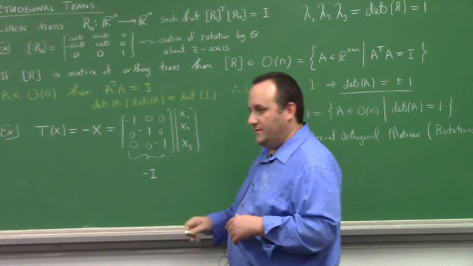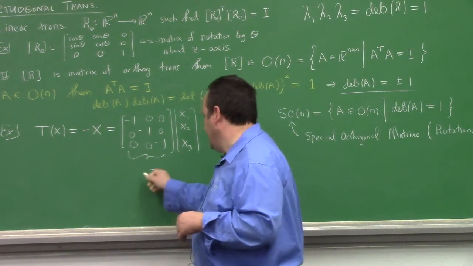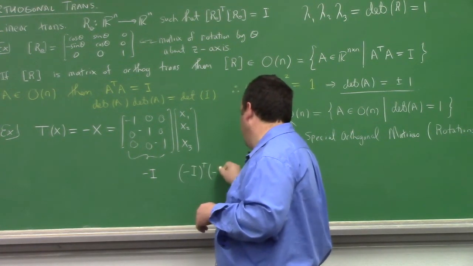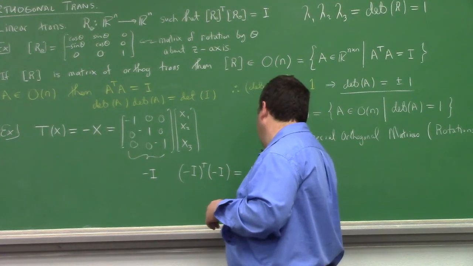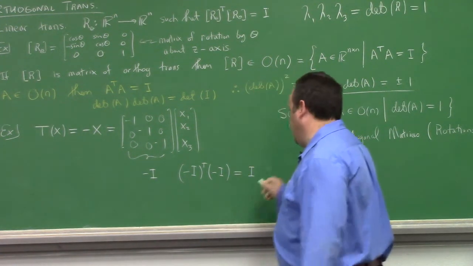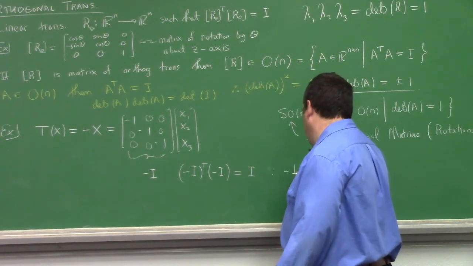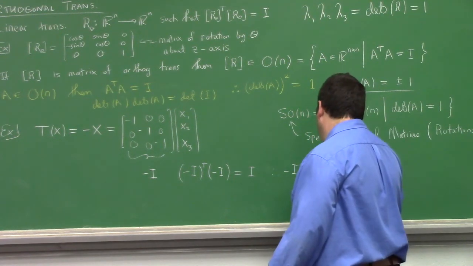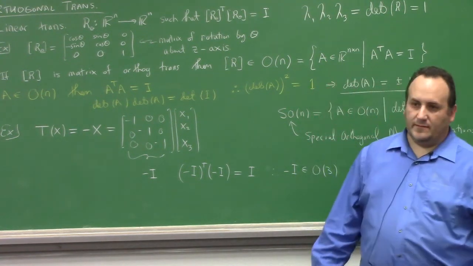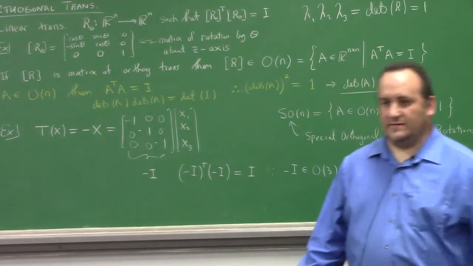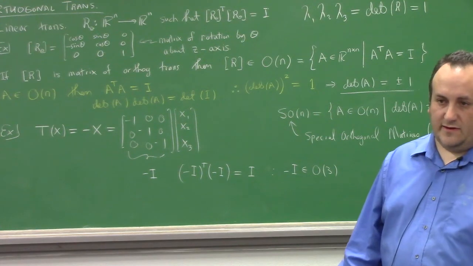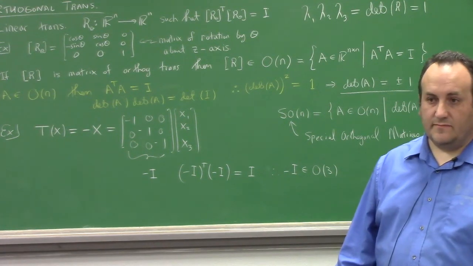And you can easily calculate that minus the identity transpose times minus the identity is equal to the identity, right? Therefore, minus the identity matrix is an element of O3, right? But this mapping is not an element of SO3 because it doesn't have determinant 1, it has determinant minus 1.